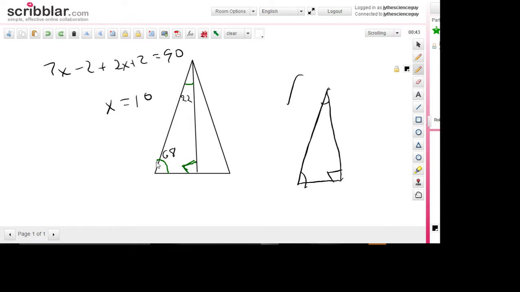Okay, good. So we equal those two. Yep, if it's a median, it's the midpoint, so yeah.